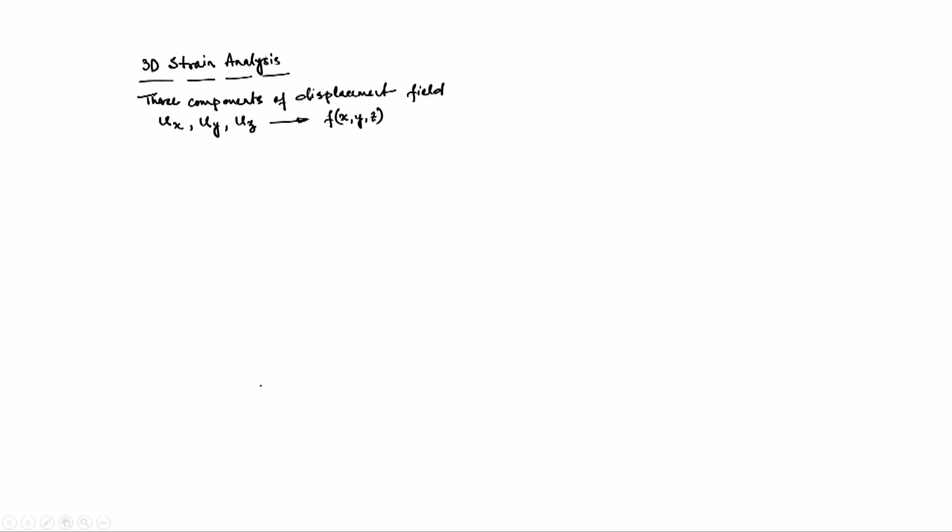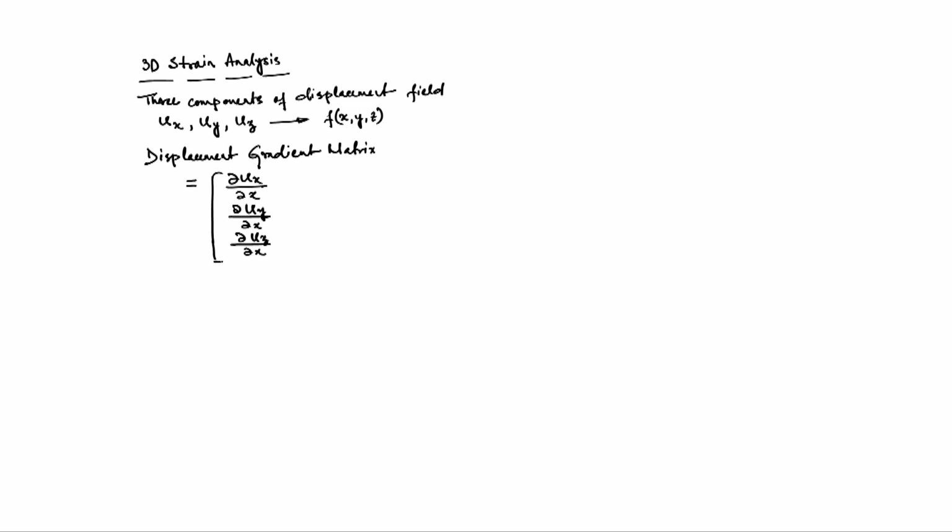Now, if that is the case, then we first defined the displacement gradient matrix. This displacement gradient matrix is given by its elements, which are Ux differentiated with respect to x, then Uy differentiated with respect to x, then Uz differentiated with respect to x.